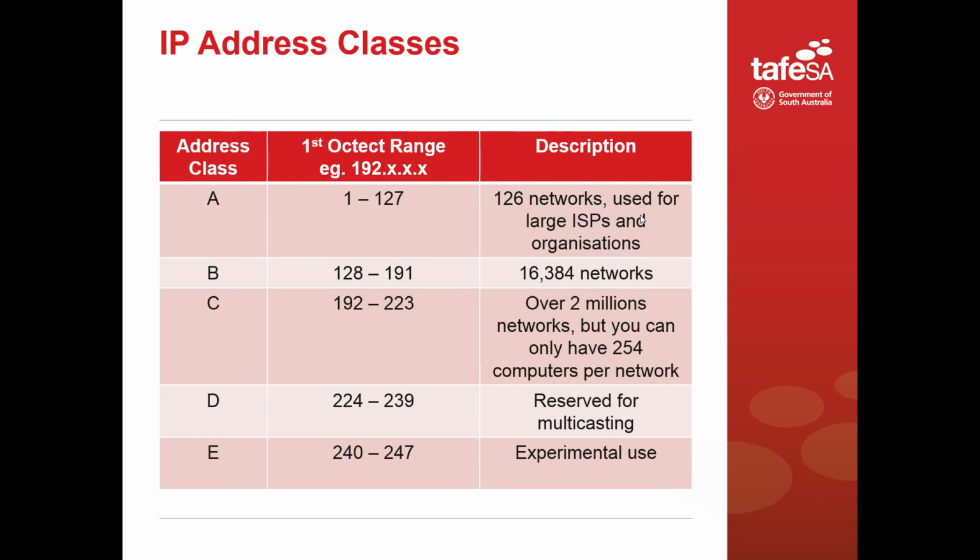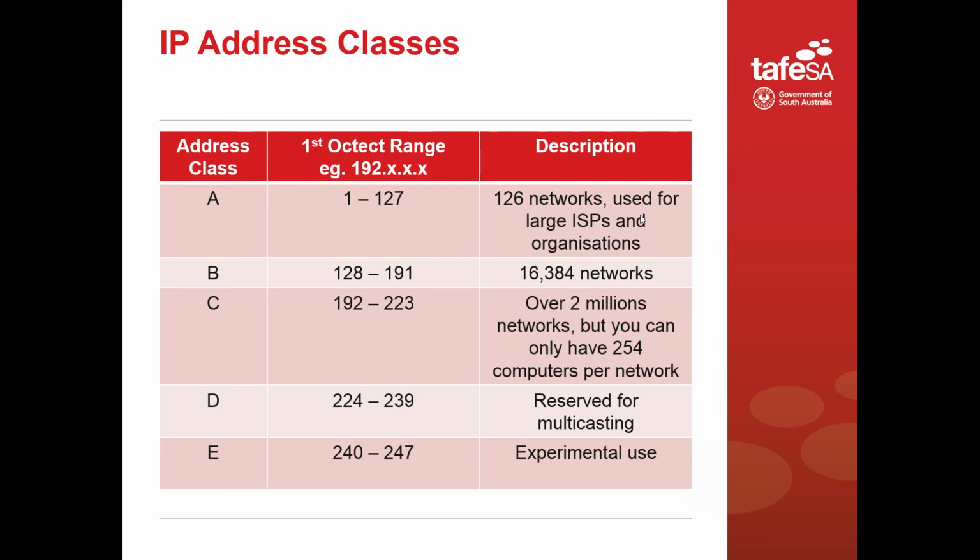But in a Class C, you can only have 254 computers per network, so they're meant to be much smaller networks. Then Class D is reserved for multicasting, so you can never use an IP address that starts with anything above 224. And Class E is experimental use only.